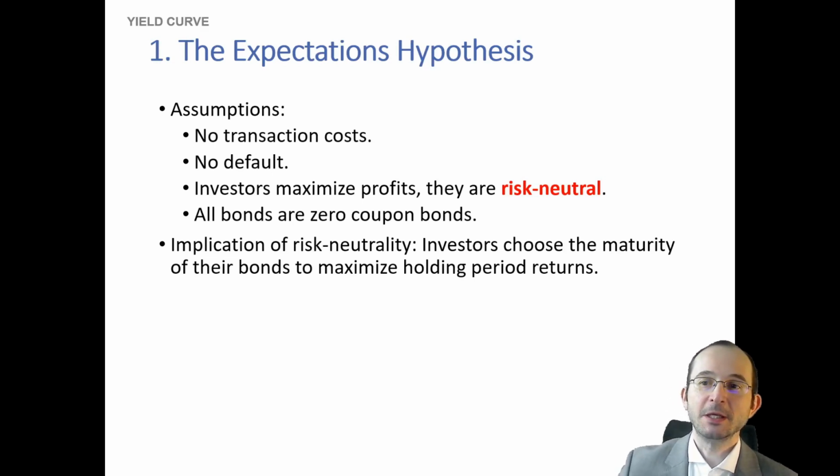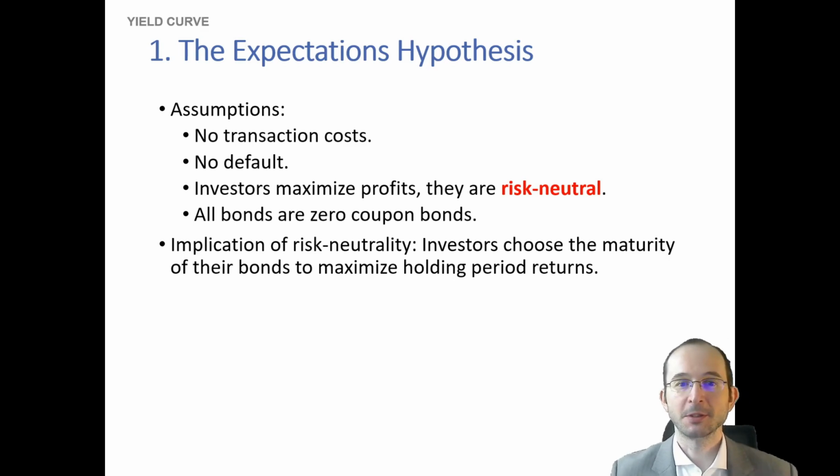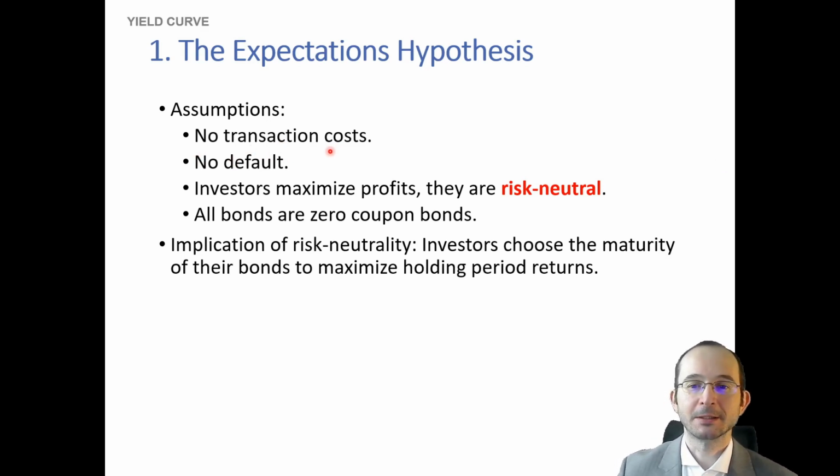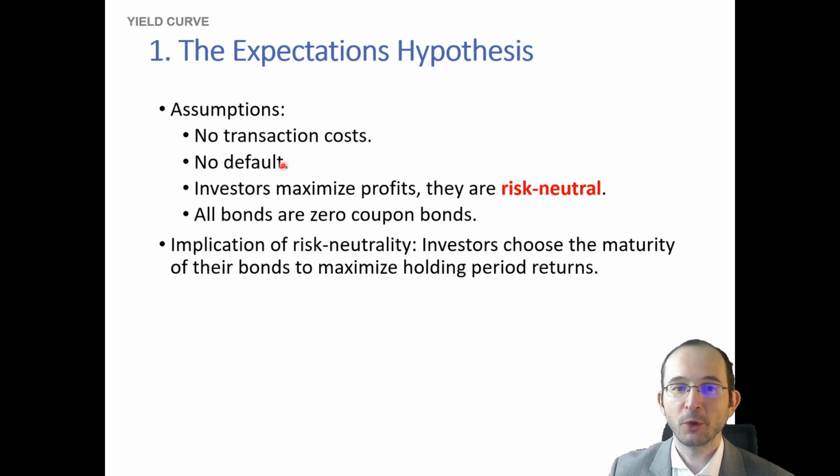The first, the expectations hypothesis, starts with a few assumptions. The first assumption is there's no transaction costs. We can buy and sell bonds without paying a bid-ask spread, without paying really a distortionate commission. Furthermore, these bonds will pay off, so they're going to be default-free.